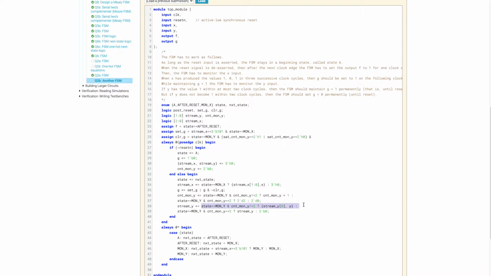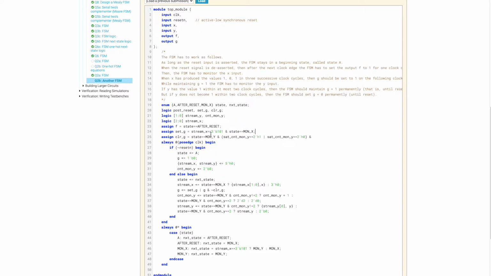So for the 2-cycle window, allow for the streaming to happen, and forevermore, I'm just going to keep stream Y, and if I keep stream Y, then I can just reference against stream Y to know whether or not Y should be asserted or not.